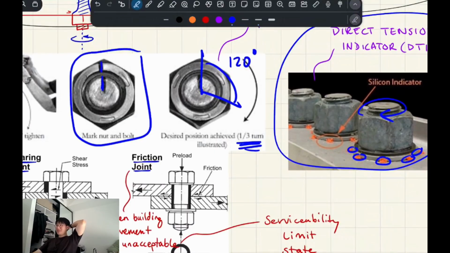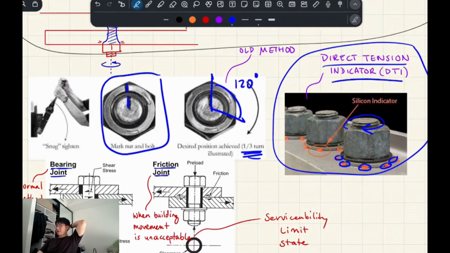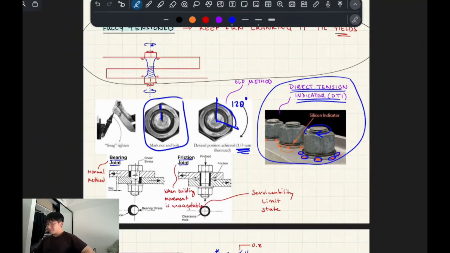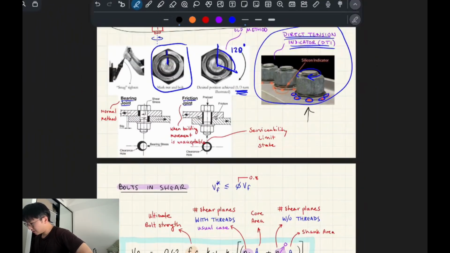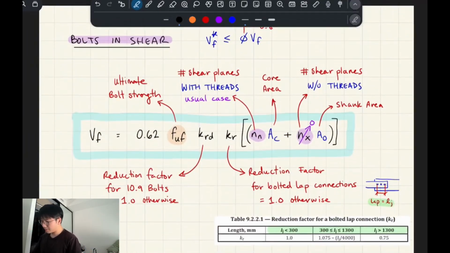That's called a direct tension indicator. So if you see the orange liquid, the idea is that you've tensioned the bolt enough. It can also wash away in the rain though, so it depends on site conditions.